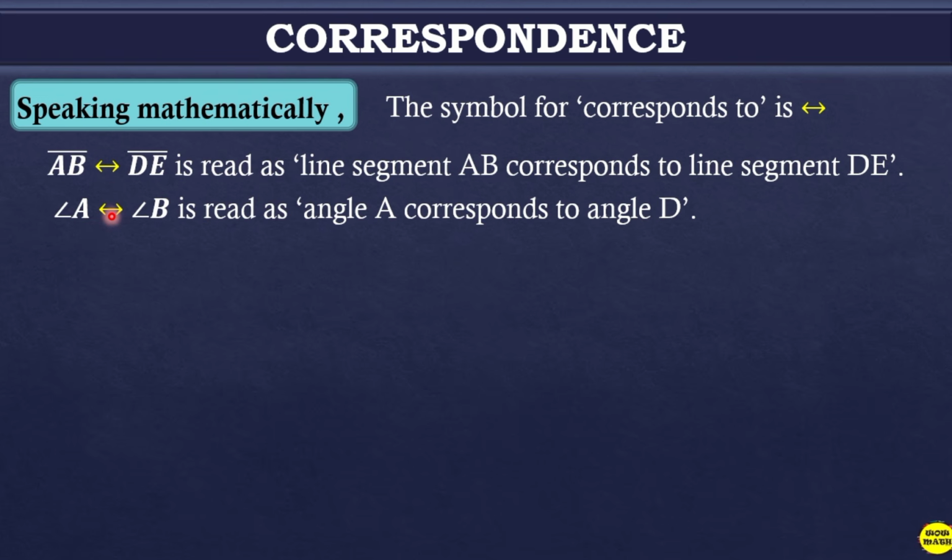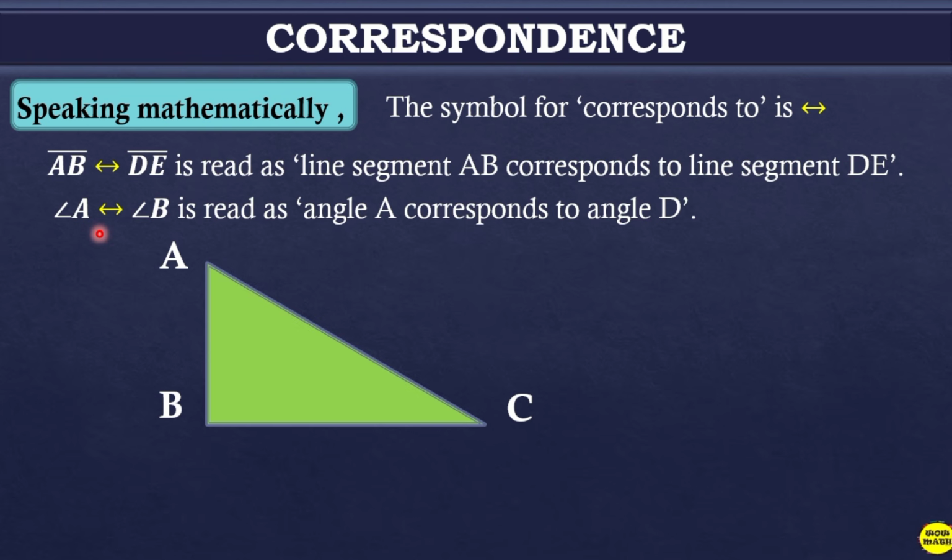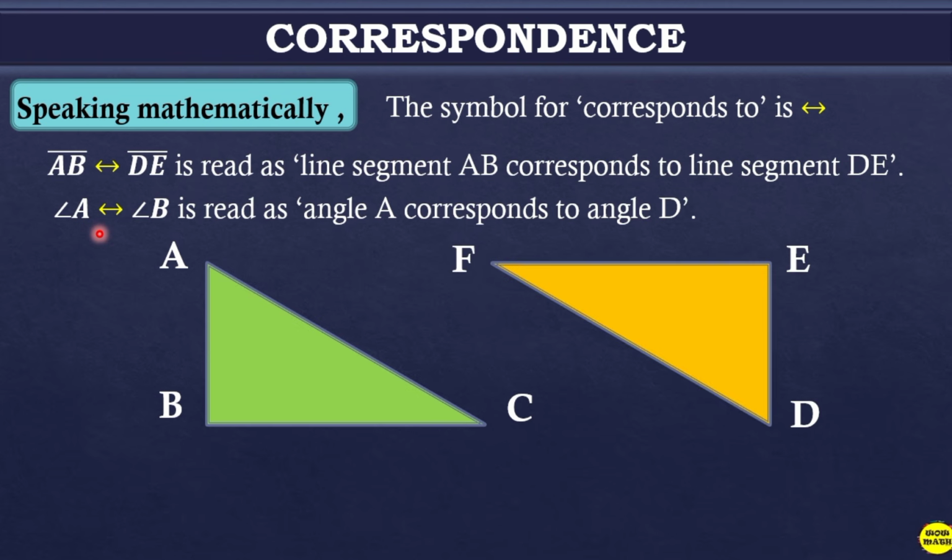Now, would you get confused if we read this symbol as parallel? Angle A is parallel to angle B? No. Why? Because if it were parallel, the symbol should be placed up here. Since it is in between two angles or two segments, this symbol refers to correspondence. If it is up here, that means parallel. Okay. So, I have here two triangles.